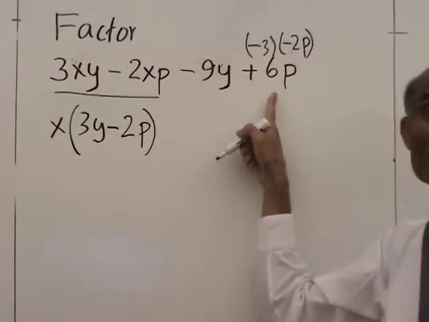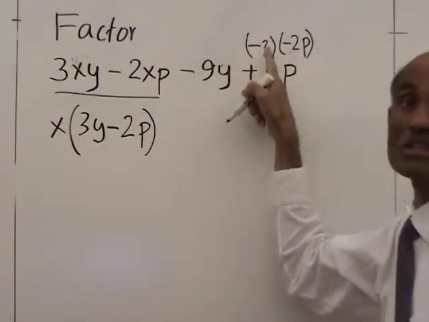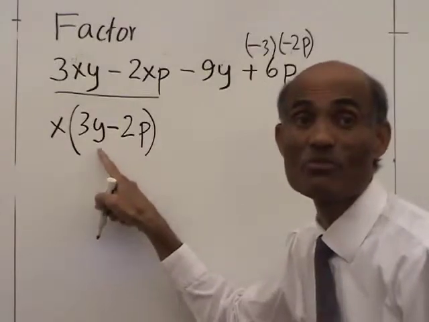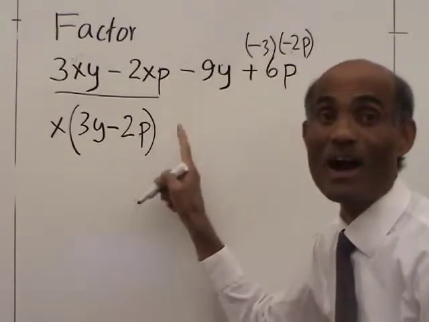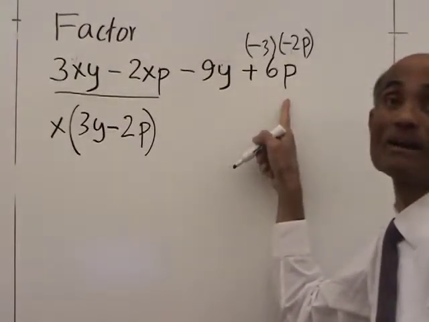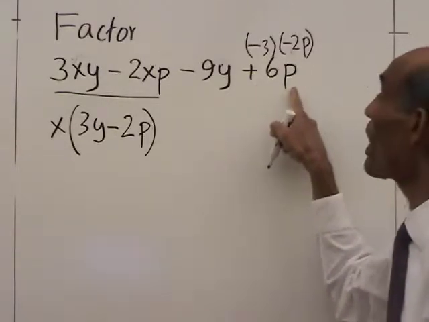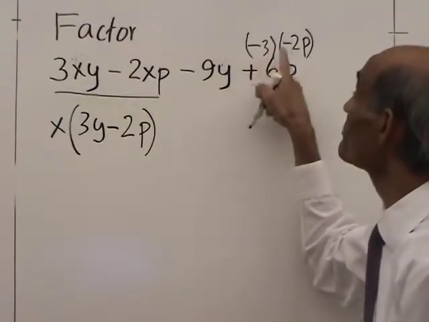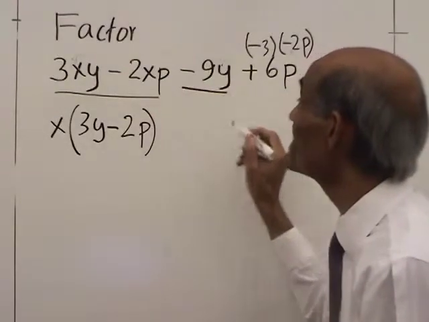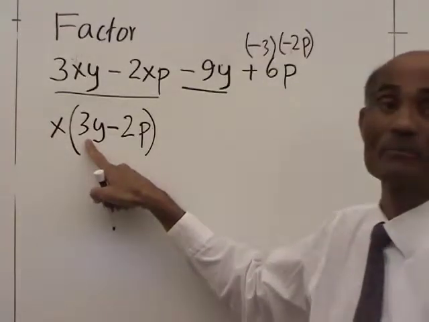Do you understand why I did that? Seeing this term 3y minus 2p, I need to produce a 3y minus 2p from here. And the only way to get a minus 2p here is to write that positive 6p as negative 3 times negative 2p.